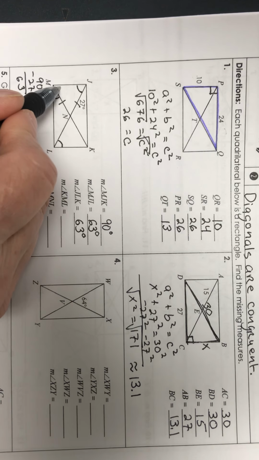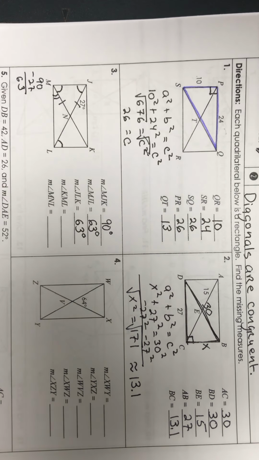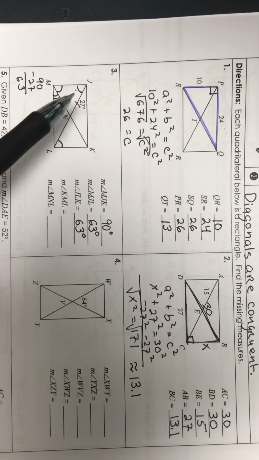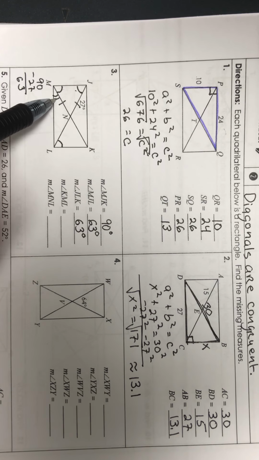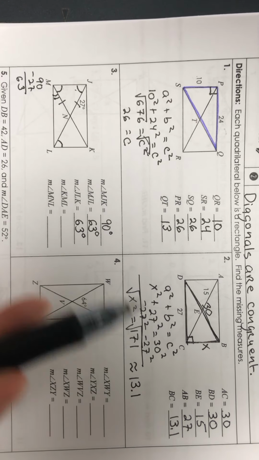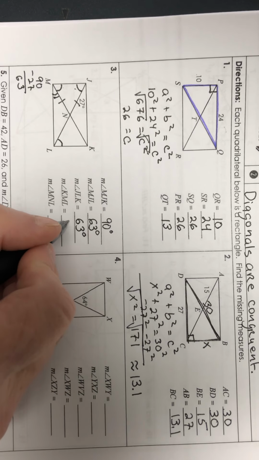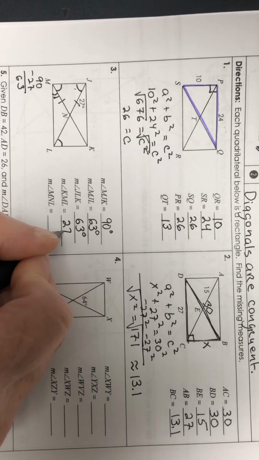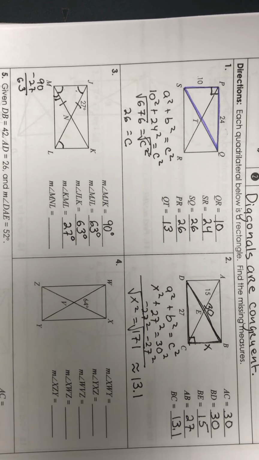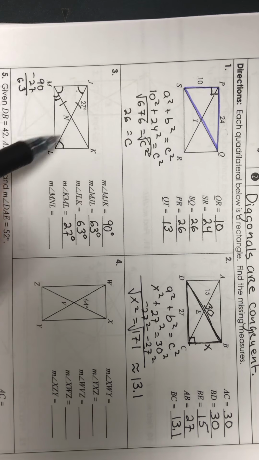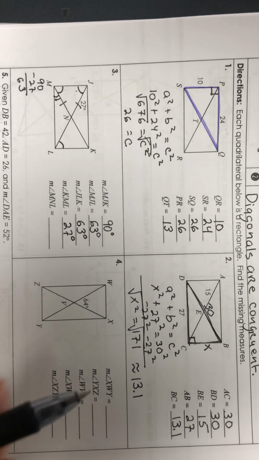If this is 63 degrees, that's got to be 63 degrees. And we know 63 plus 27 is 90. So if this is 63, that's got to be 27. If you're not real sure about that, work that out. This has got to be 27 degrees. You're only going to have 2 different angle measures there. Okay, these are all going to be either 27 or 63.